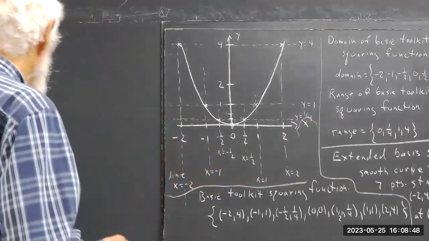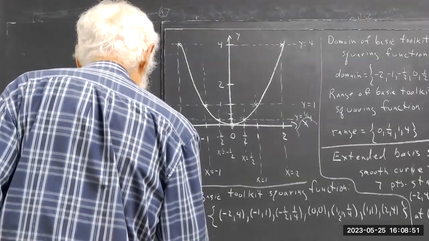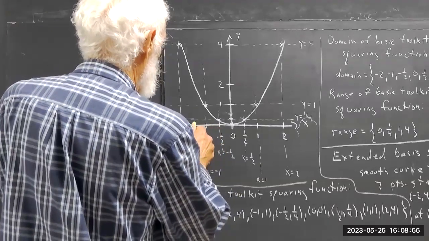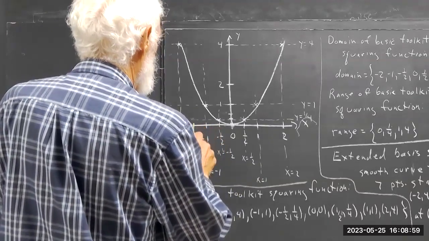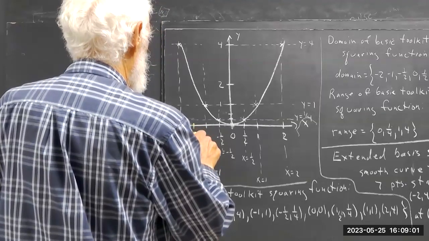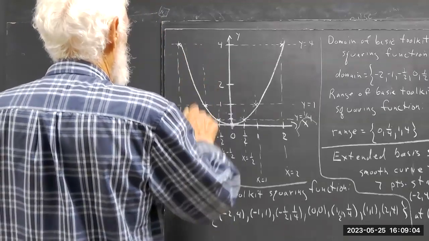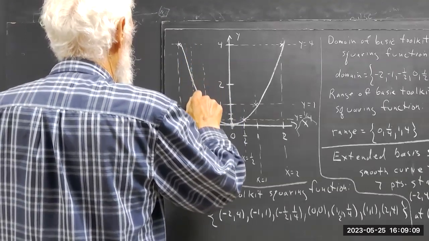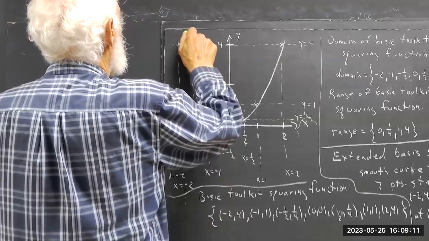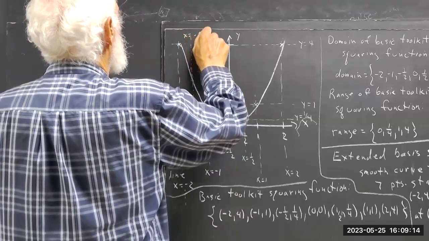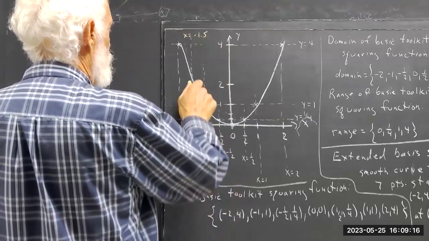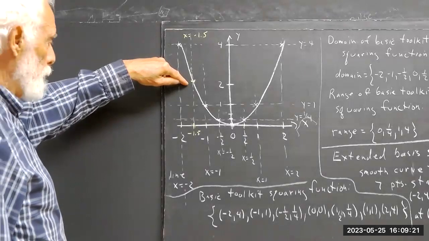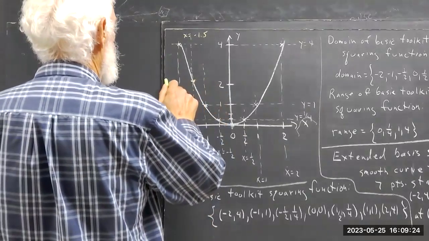For example, let's say we wanted to square -1.5. I'm going to use a different color here. Halfway between -2 and -1 is -1.5. So I sketch the line X equals -1.5, and I find the point on the graph that corresponds to X equals -1.5.